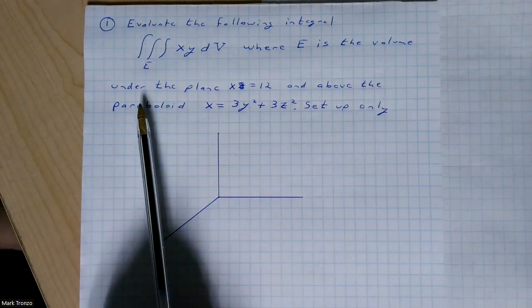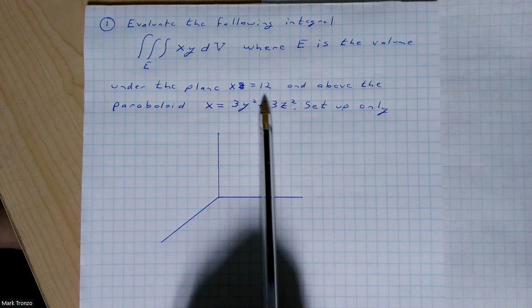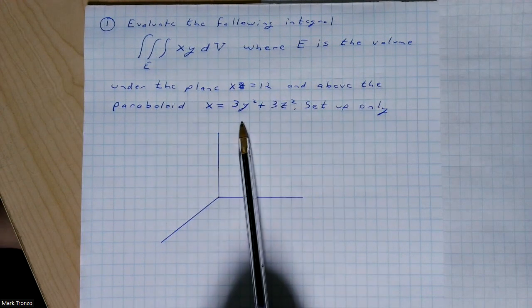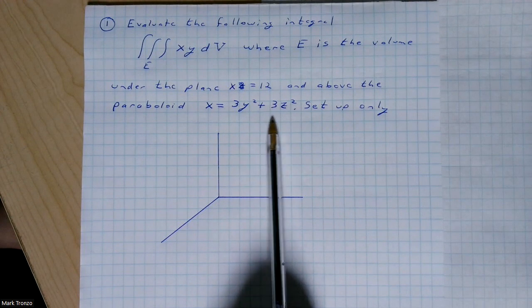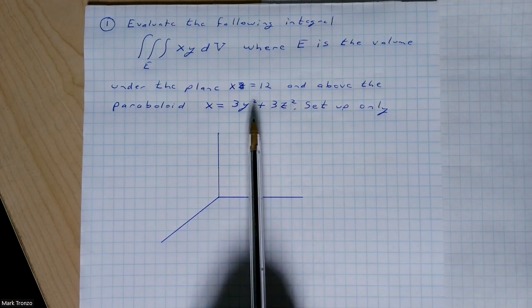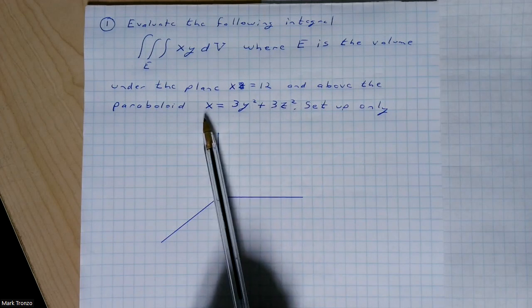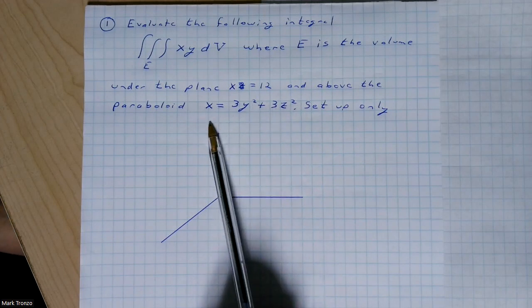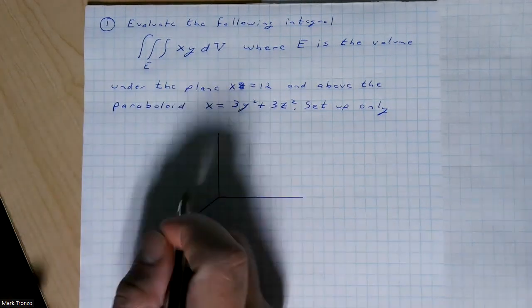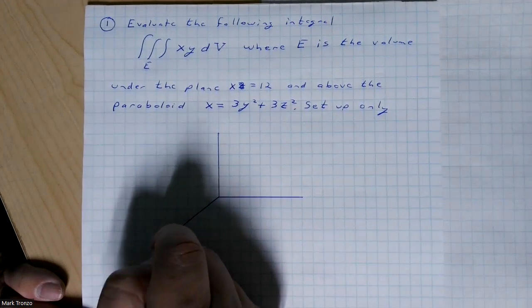where E is the volume under the plane x equals 12 and above the paraboloid x equals 3y squared plus 3z squared. So we can see from the form that this paraboloid opens along the x-axis. So we can sketch it.